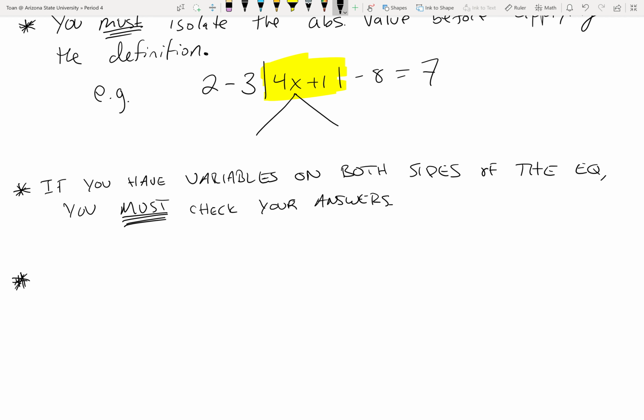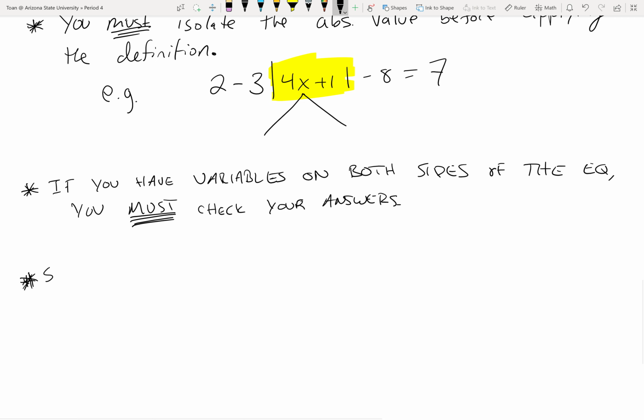And the last little caution, warning, tip, whatever you want to call it, there are special cases with absolute value equations. Just like how there are two special cases when you're solving equations, you can get no solution or infinitely many, there are special cases with absolute value equations as well. I guess this is bad grammar. It's not cases, it's case, single.